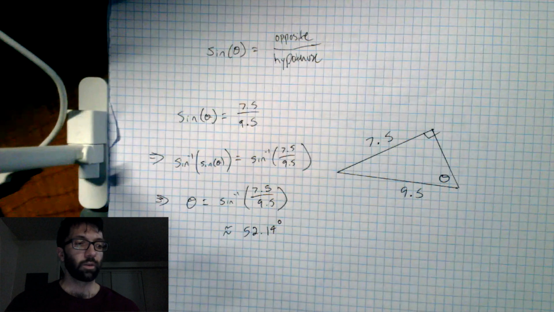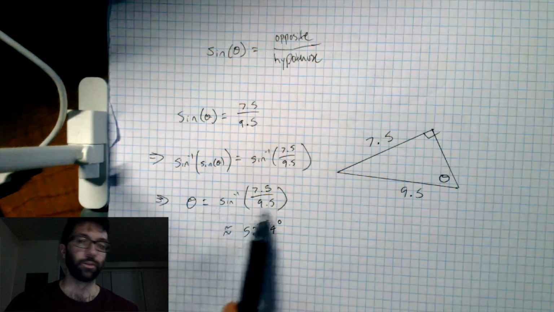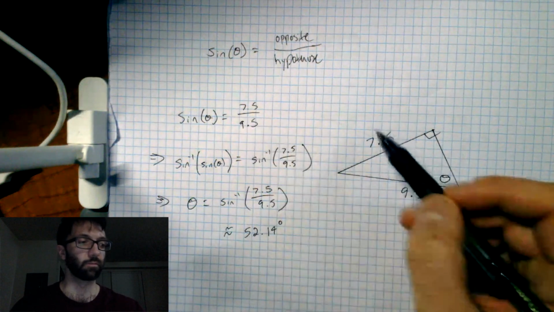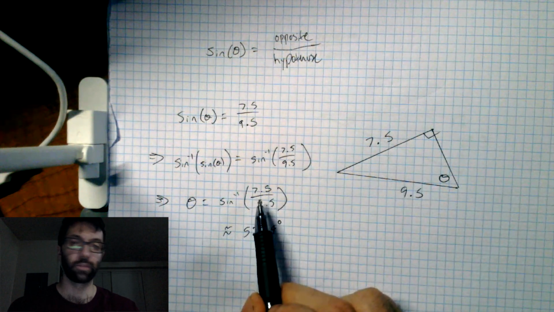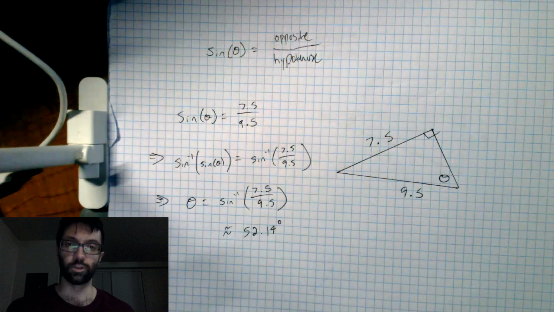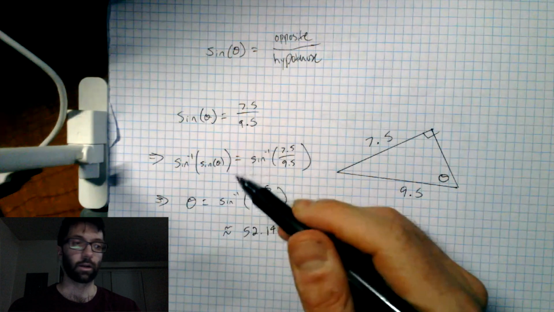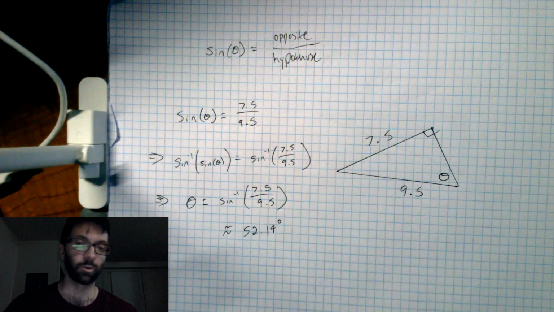Alright, and then it's worth mentioning, you might have noticed that, well, really all you had to do was find your ratio, 7.5 divided by 9.5, take the inverse sine, and then jam that into your calculator. And so a lot of this looks like unnecessary steps, and from a certain perspective that's true.